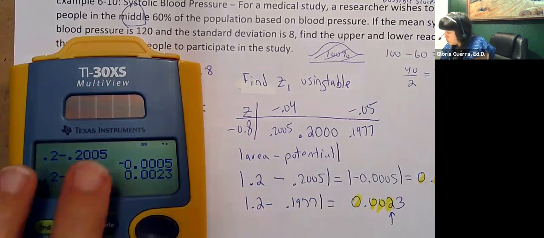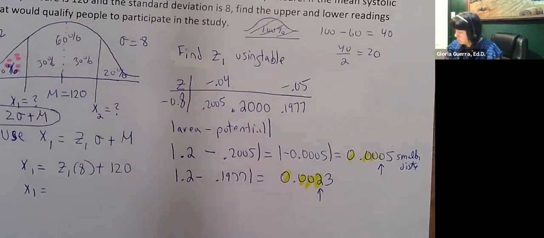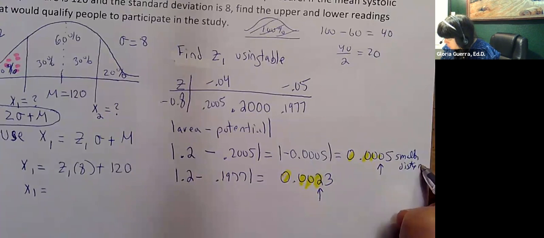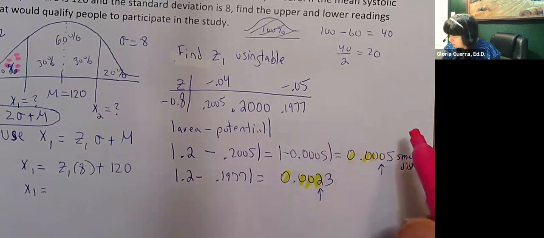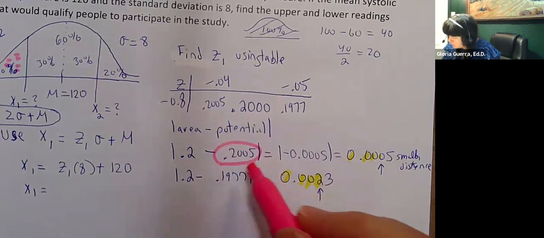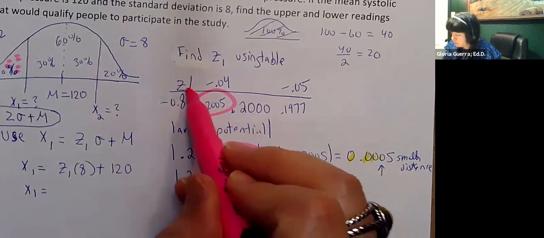And so when you backtrack, you're backtracking to this Z right here.